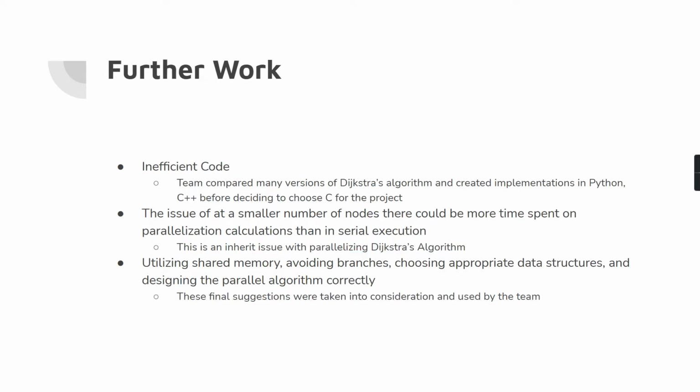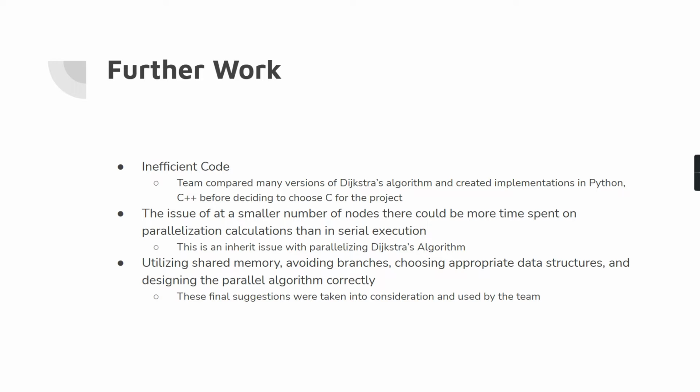Further work. Insufficient code. The team compared many versions of Dijkstra's algorithm and created implementations in Python and C++ before deciding to choose C for the project. The issue is that at a similar number of nodes, there could be more time spent on parallelization calculations than in serial execution.